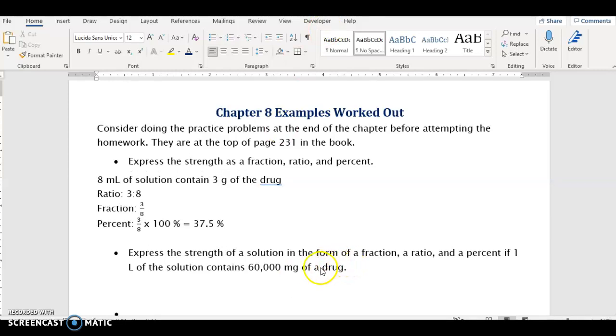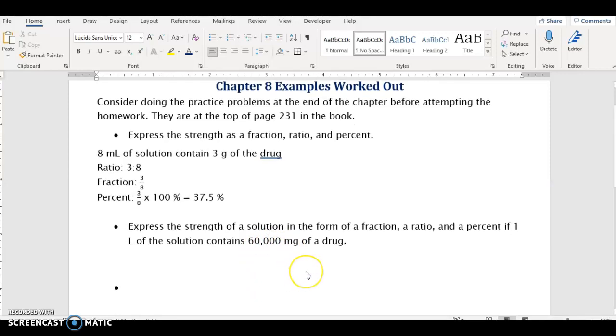So this is obviously a dry solute, because the amount of the drug is given in milligrams. Remember, to properly express the strength of the solution as a fraction, ratio, and a percent, we need to convert the amount of the drug to grams, and then the amount of solution to milliliters.